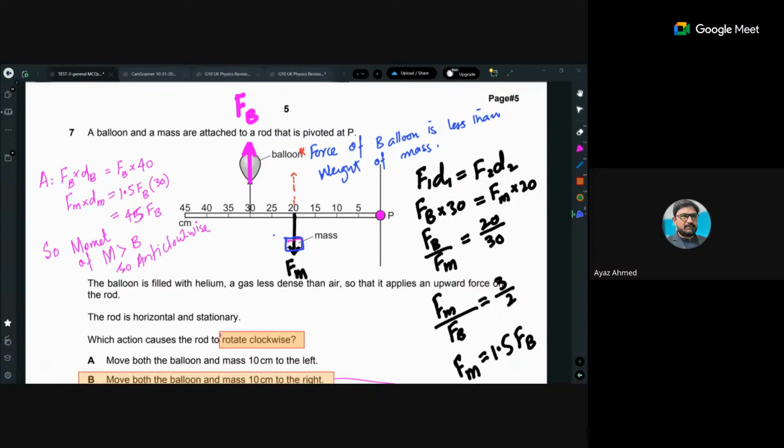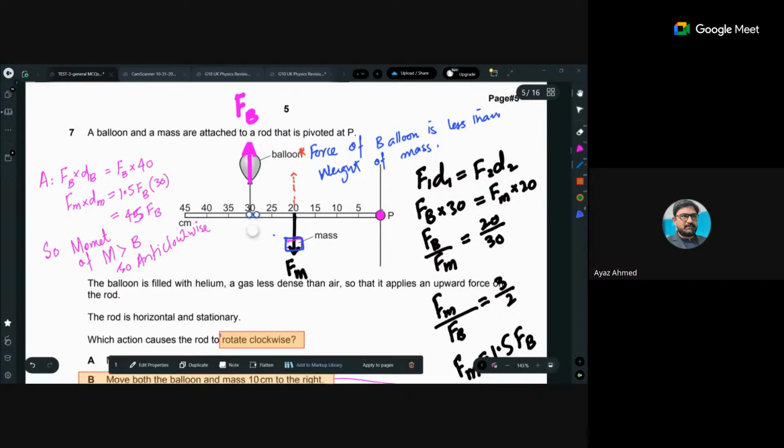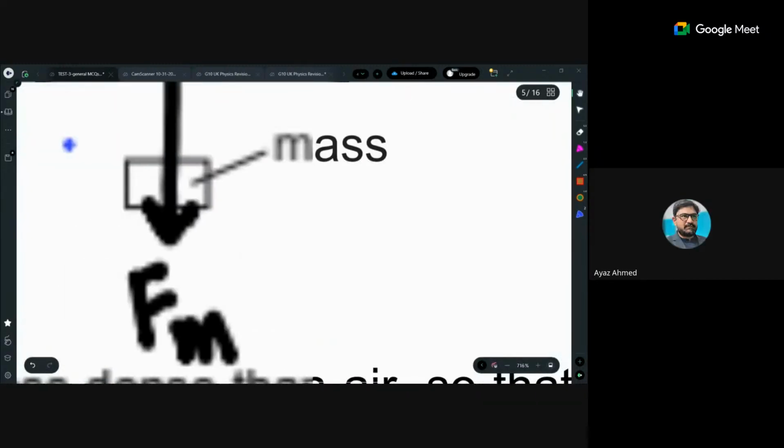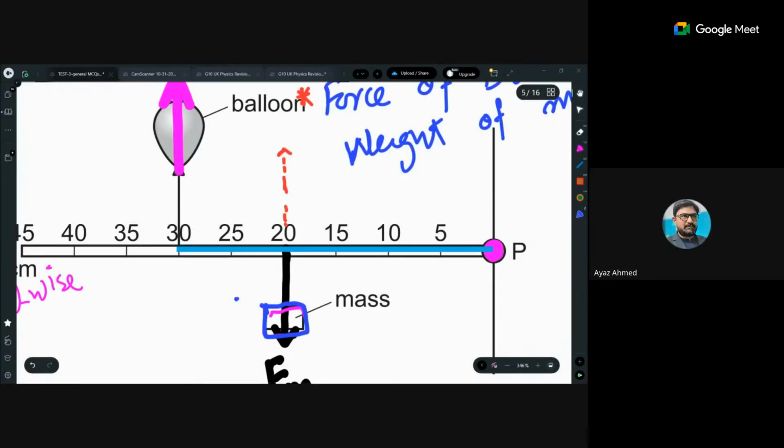When the rod is horizontal, the force exerted by the balloon is less. That's why we are supporting the smaller force with the larger moment arm. We have kept this distance more. If the object has less force, then by keeping the distance more, we balance it. Do you get it?